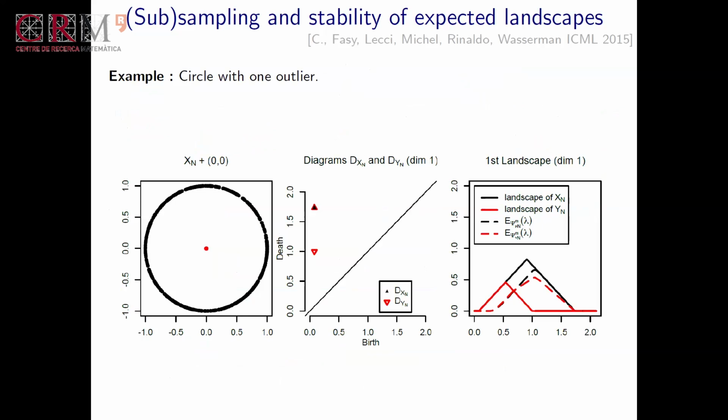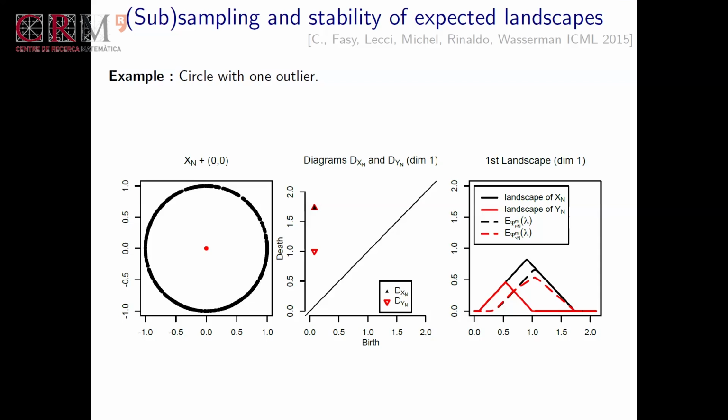If you look at the one-dimensional persistent diagram of the black and the red, for the black you will see one cycle, and this cycle will die at something comparable to the radius of the circle.